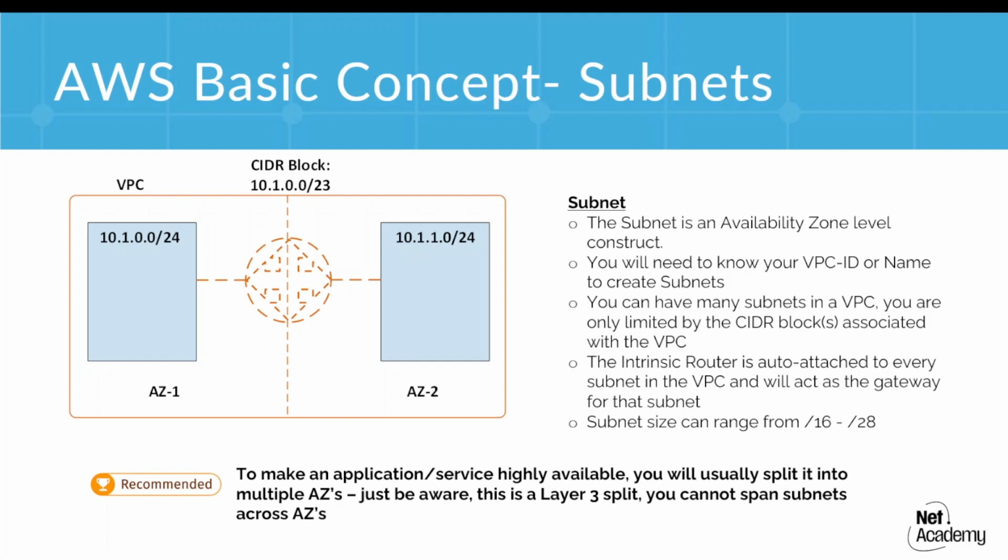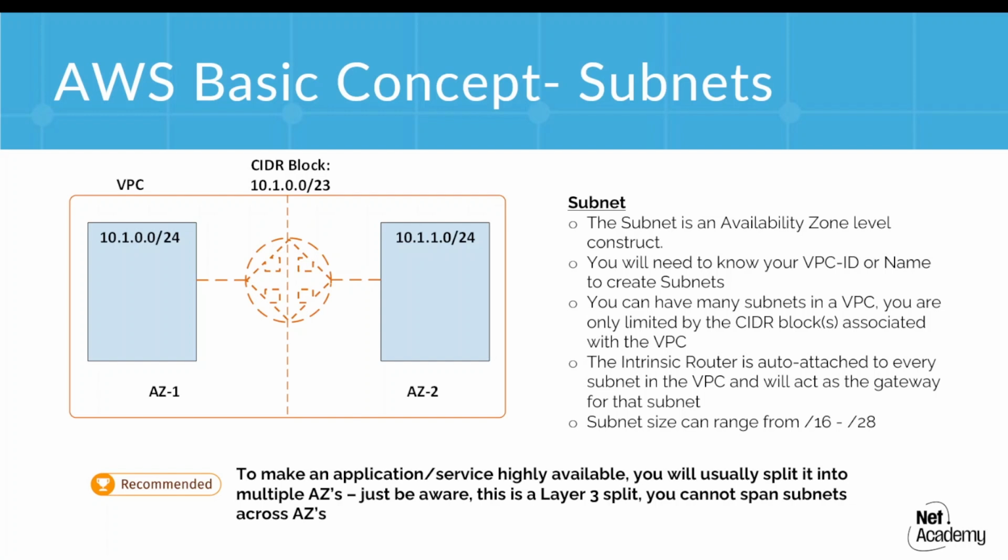What's our recommended best practice on this one? In general, and it is a generality, not every use case falls into this, to make an application or a service more highly available, you'll usually split it into multiple AZs, okay? That means multiple subnets. Remember, a subnet is an AZ level construct. A subnet can only be tagged to a single AZ, right?